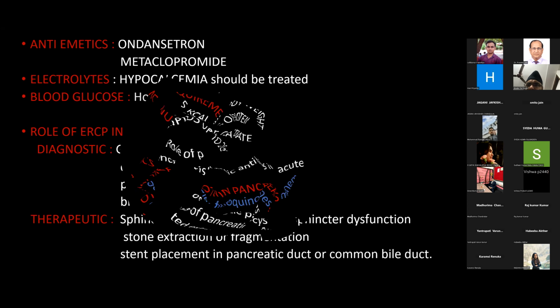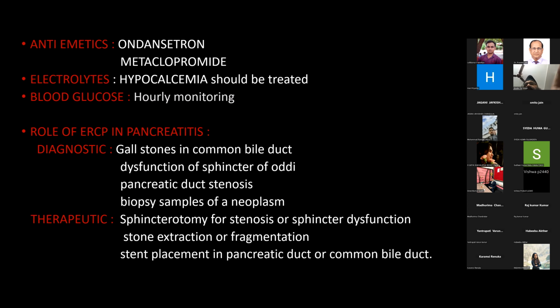And all other supportive therapy includes antiemetics like ondansetron and metoclopramide. The most common electrolyte abnormality, as we discussed, is hypocalcemia, which should be treated, along with hourly blood glucose monitoring. And finally, the ERCP. The role of ERCP is limited to patients with acute gallstone pancreatitis with cholangitis.